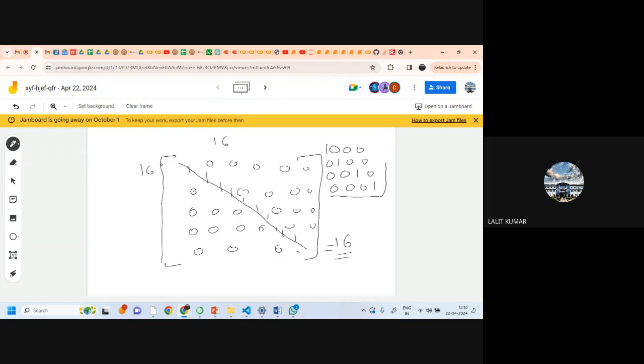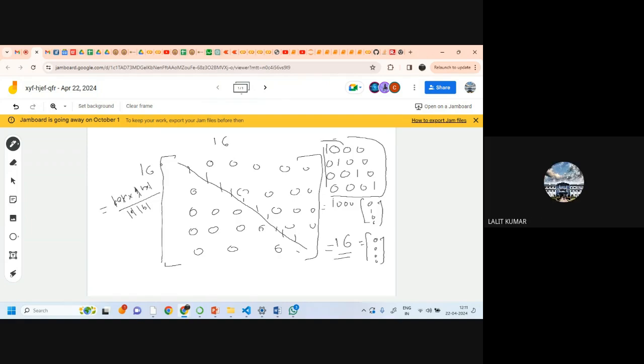So cosine similarity is equal to A into B divided by absolute of A and absolute of B. When you multiply 1 0 0 0 with 0 1 0 0, it becomes 0 0 0, an element wise calculation.